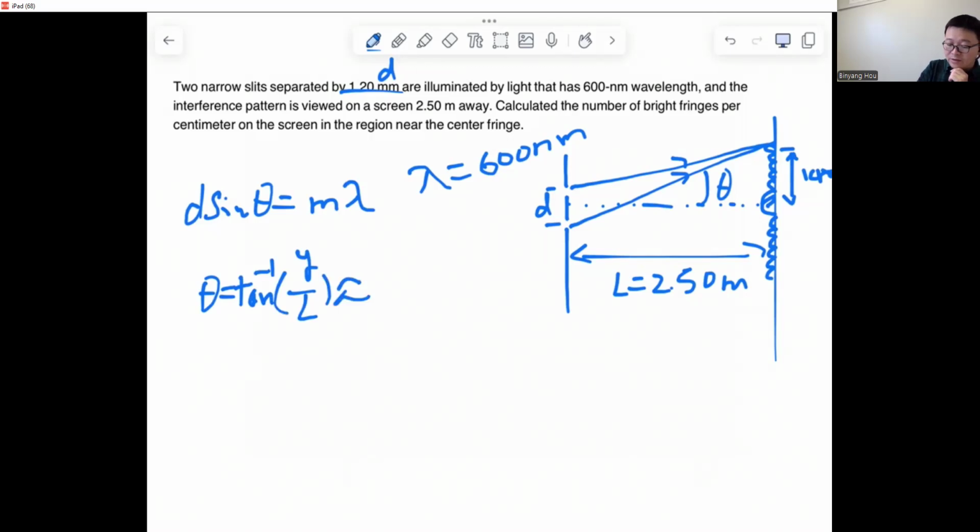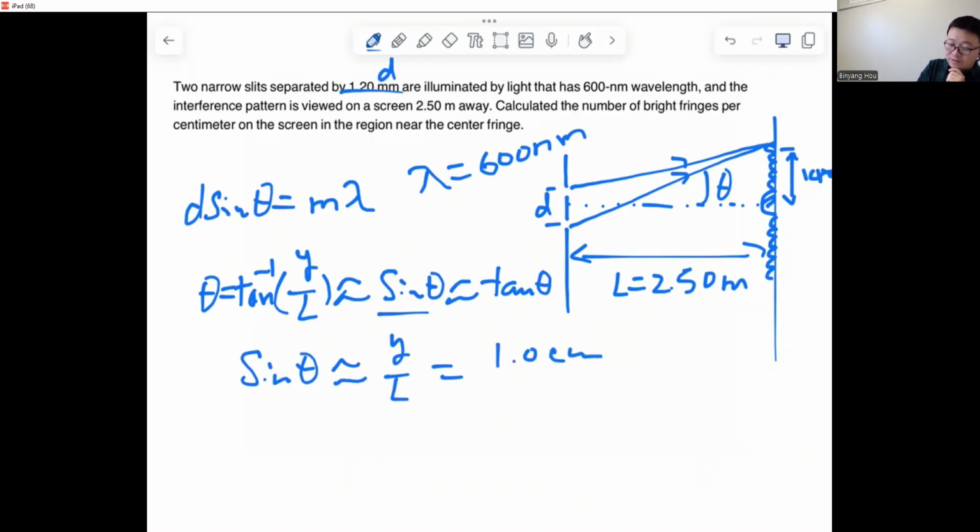And because it's small angle, that should be approximated as just the sine of theta, and also approximated as just tangent of theta, okay? All right, so that means sine theta is about y over L, and that's 1 centimeter over 2.5 meters, okay?